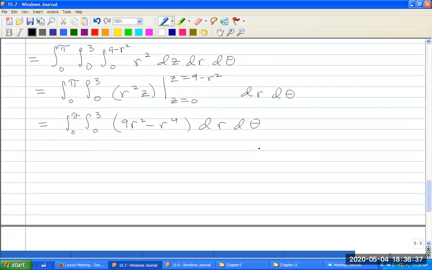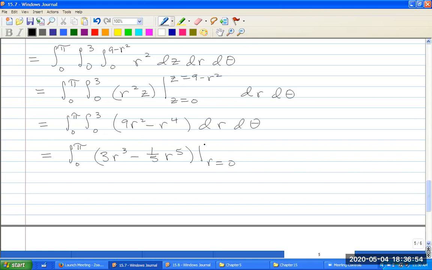So let's integrate this. So this is equal to integral 0 to pi of 3r cubed minus 1/5 r to the 5th, evaluated between r equaling 0 and r equaling 3, d theta.